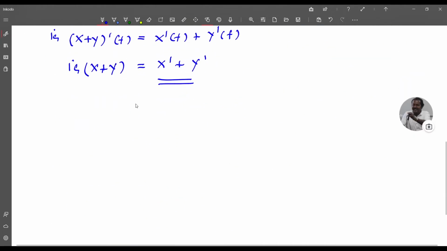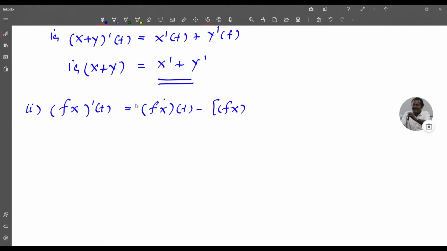We prove 2. We have (fx) prime of t. The covariant derivative of fx is (fx) dot of t minus ((fx) dot of t dot n of alpha of t) times n of alpha of t. This is the covariant derivative of fx. So you can apply the product rule here.